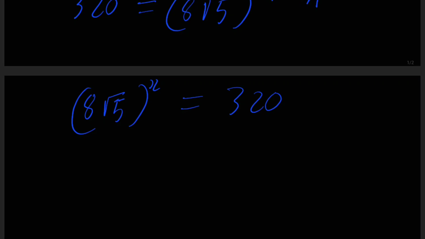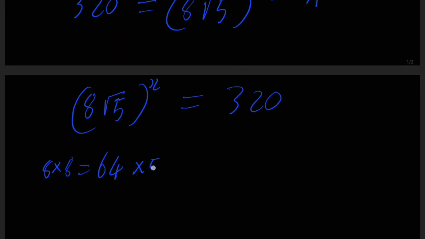We look at it and we see that 8 times 8 is equal to 64, and 64 times 5 is equal to 320.